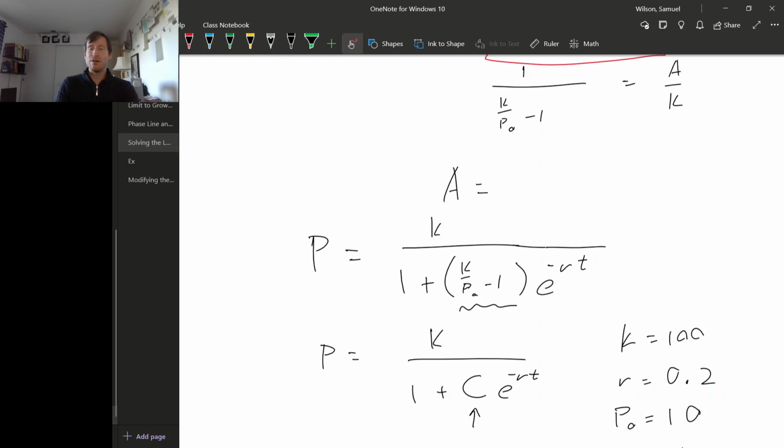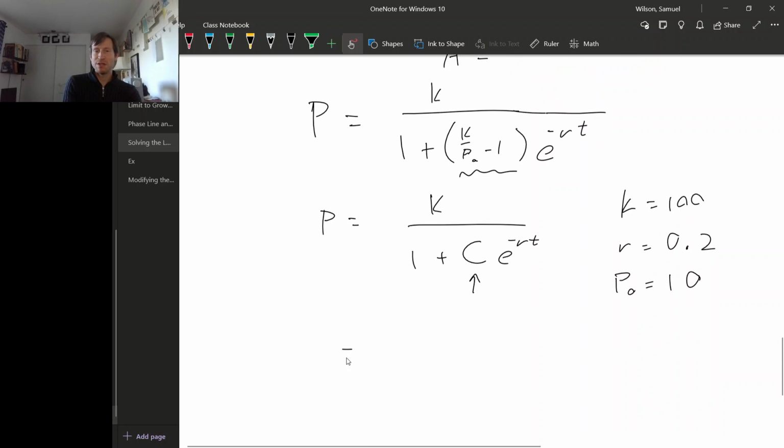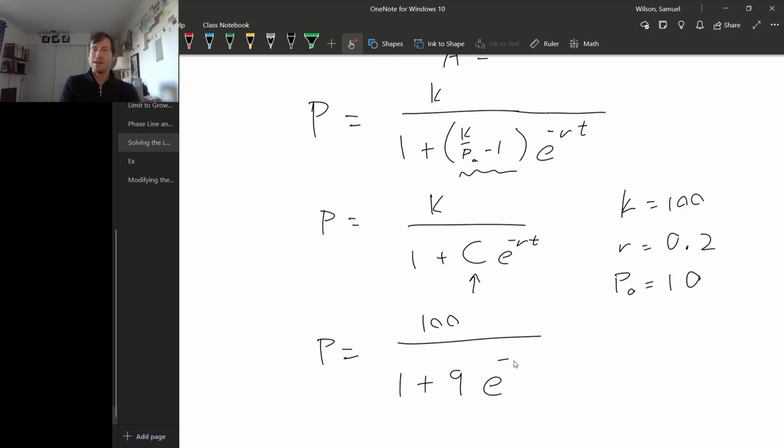So let's put this all into a graph. We're going to be graphing 100 over 1 plus, so K is 100 over P sub 0, that's 10, minus 1 is 9, so 9 e to the minus 0.2 t.